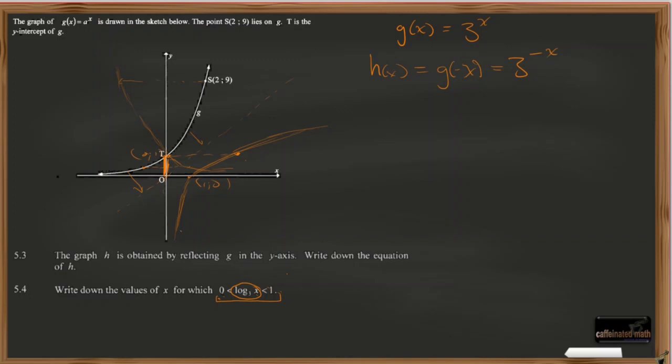So these are the y values that need to be obtained, but between which x values does that happen? As we can see over here, that would happen right over there.